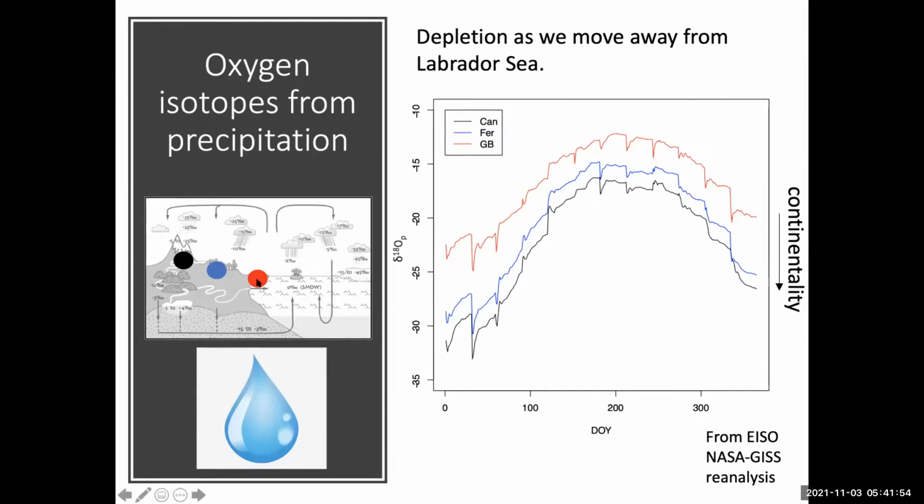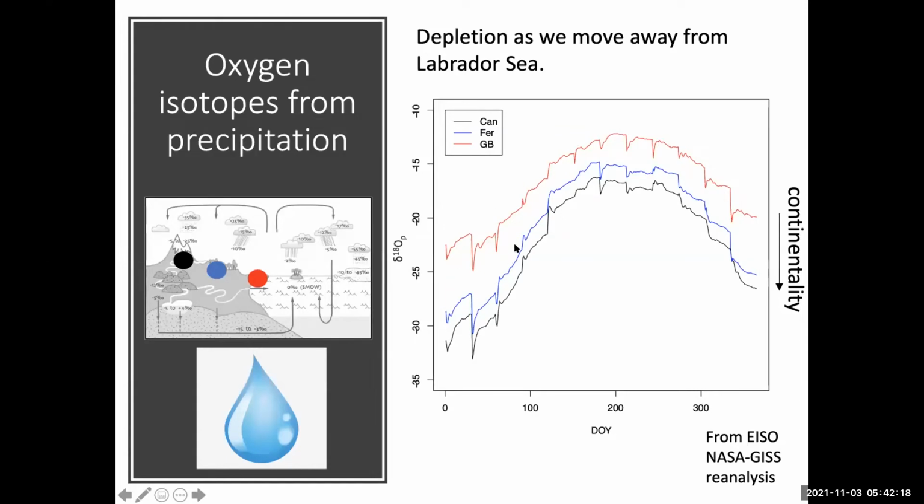What you see here is that when you move from the maritime land to the continental regions, you get a depletion in stable isotopes that is about 5 per mil. It means that you have a heavier signal in Goose Bay, which is the maritime site.